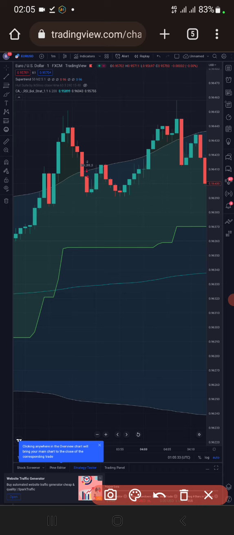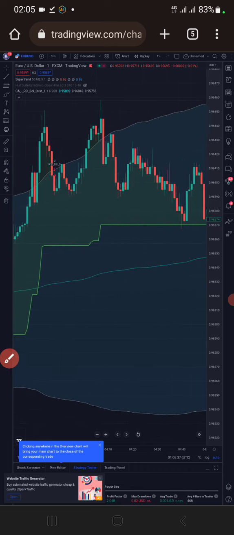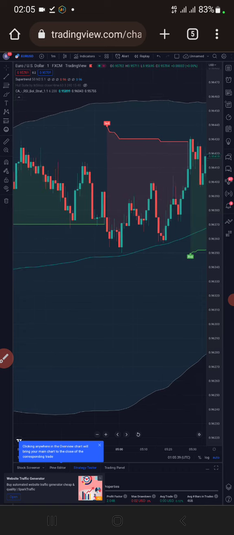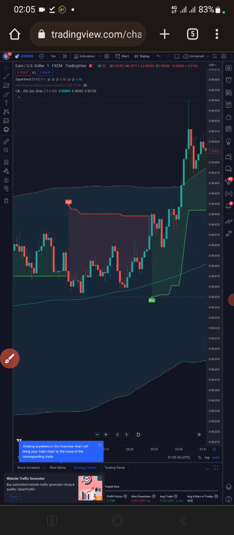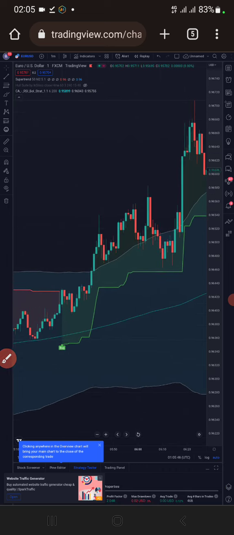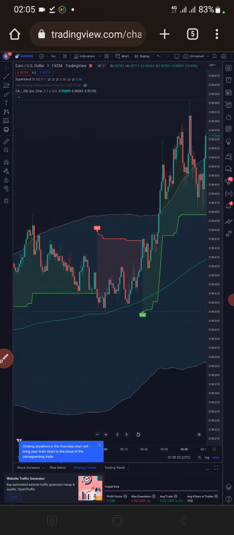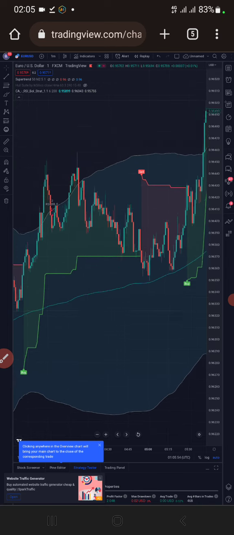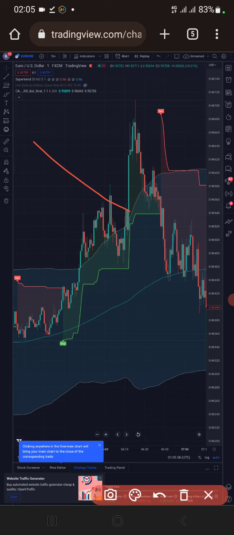So we can see what the market did over here. As you can see, the market reversed before turning back up to the normal trend.